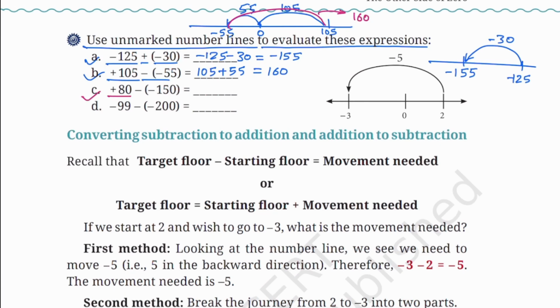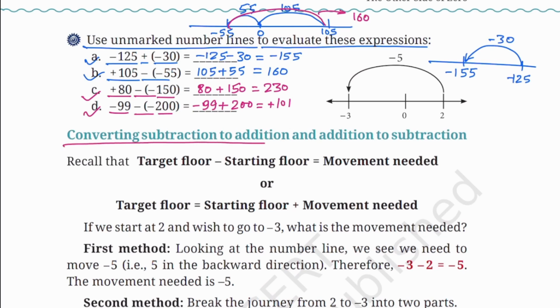C. Plus 80 minus minus 150 is plus 80 plus 150, which is equal to 230. D. Minus 99 minus minus 200 is minus 99 plus 200, which is equal to plus 101.